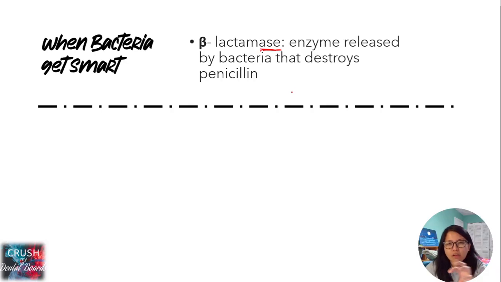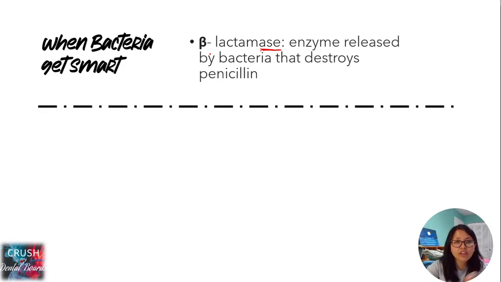So if a bacteria that is previously susceptible to penicillin would be able to produce beta-lactamase, then once the patient takes in penicillin, what would happen? Nothing. The drug that worked previously will not work anymore. Why? Because it is able to make an enzyme, which is called your beta-lactamase. So this is what happens when bacteria get smart.